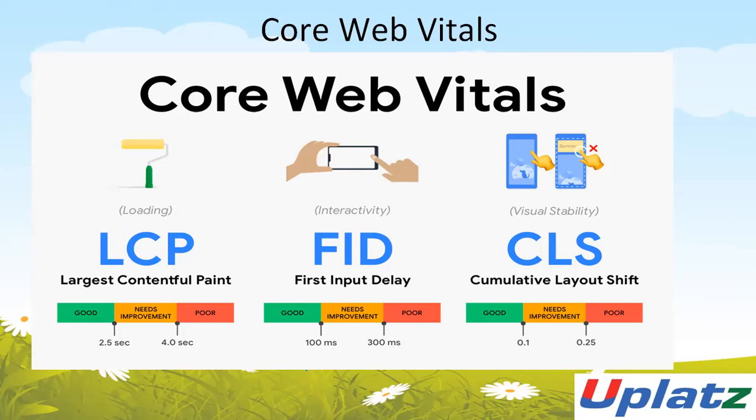Now you can ask how it is related to ranking. Ranking has more than 200 factors, and a major part is user experience. Say your site is ranking well in the top three positions, first, second, or third, but Google notices that users are not satisfied with your landing page.